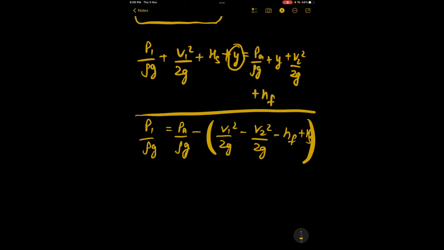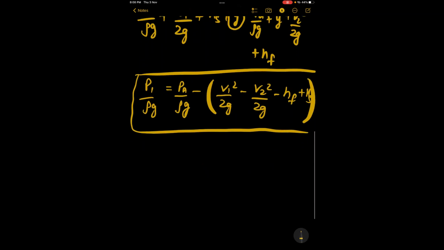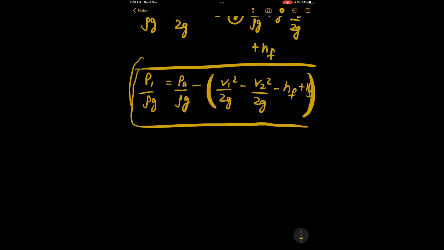So if you look at this equation, it clearly shows that your pressure head at section 1 is less than the atmospheric pressure.